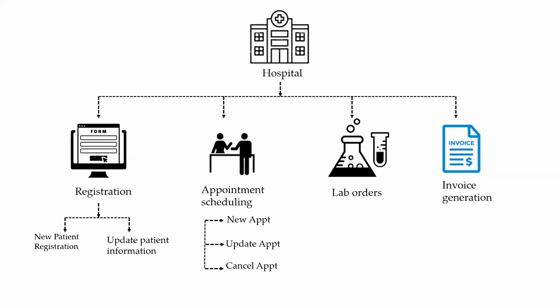Appointment scheduling might have a new appointment, updating of an existing appointment, or cancellation of the appointment. Any one of these three is possible, right? And then you have labs, and under labs you have orders and results. Those are the two events that will happen under lab orders. And then under financials, you have only one specific event, which is called billing.